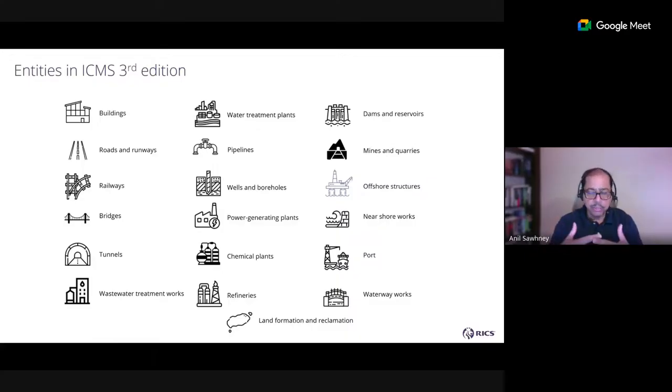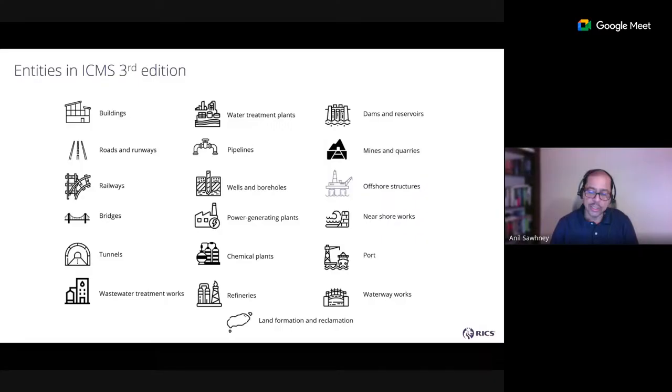So by combining WLCA and ICMS, we have opened up the possibility of calculating and reporting roadways and runways, railway networks, bridges, tunnels, water treatment plants, pipeline projects, wells and bores, power plants, chemical plants, refineries, dams and reservoirs, mines and quarries.